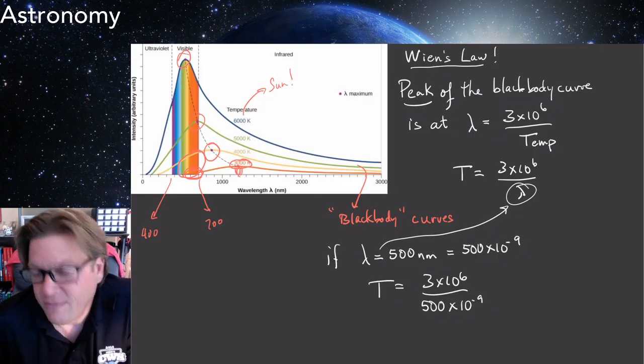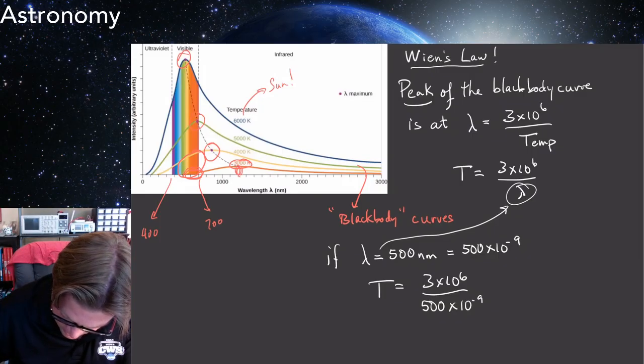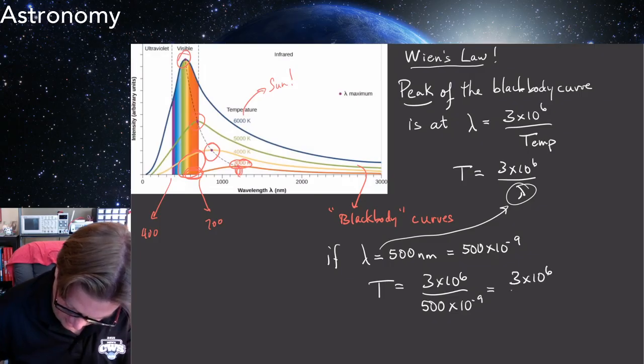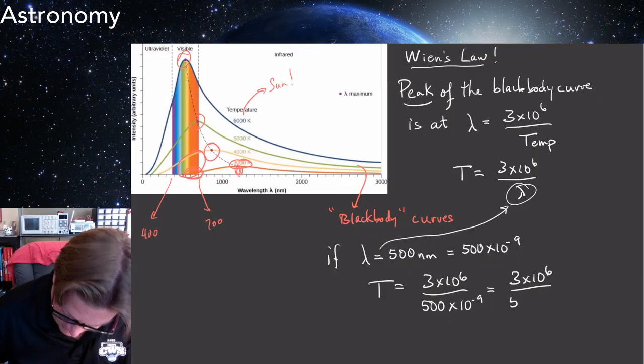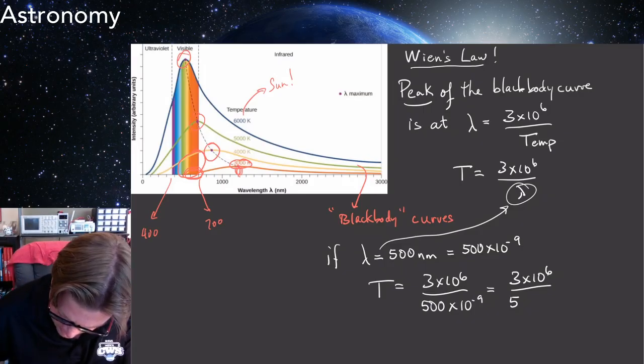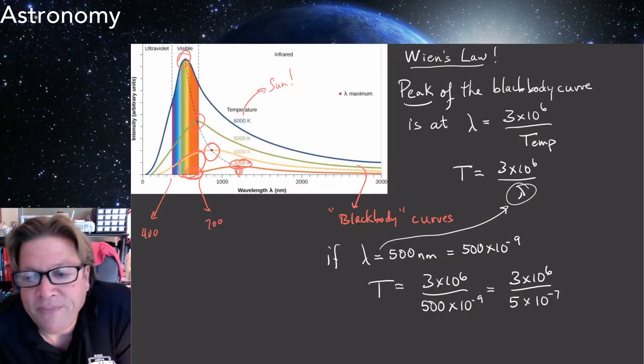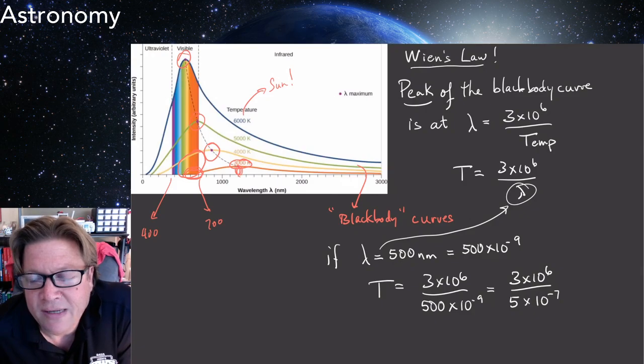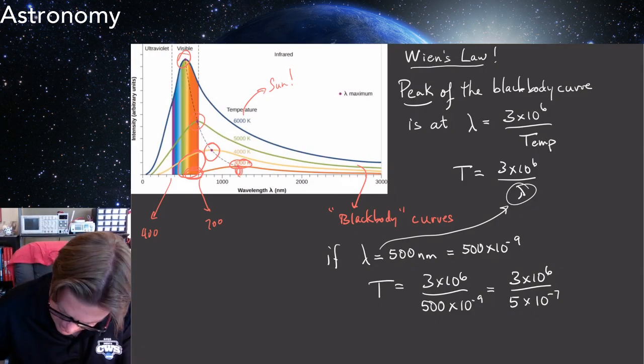I'm going to, just for kicks, change this. I'm going to make it 3 times 10 to the 6th. If I move that over 2 places, then I increase that by 2, so I can make this 5 times 10 to the minus 7. I can do that. 3 divided by 5, that's 0.6.